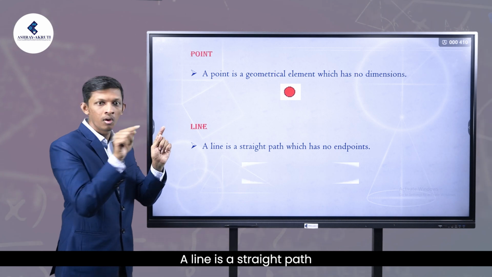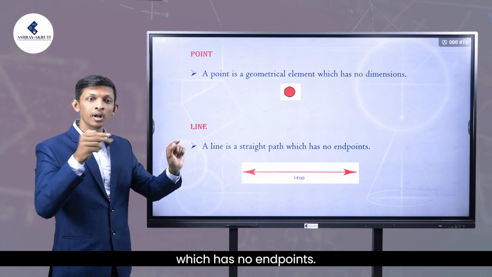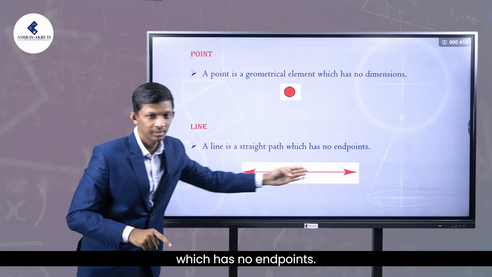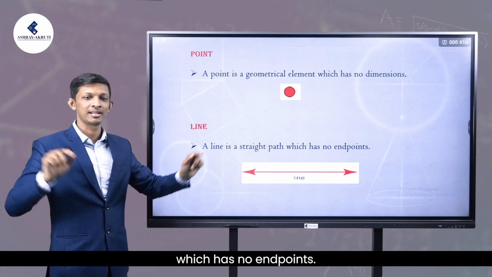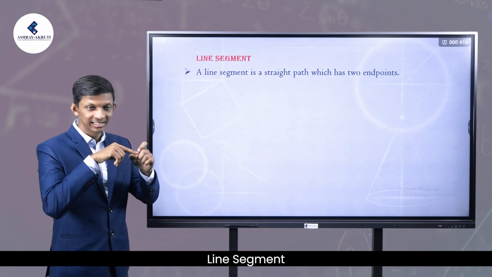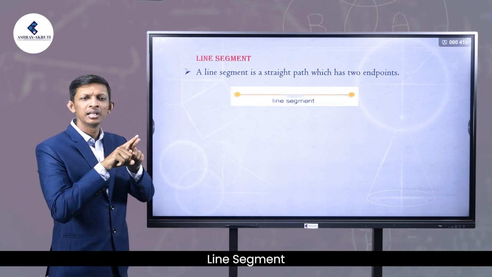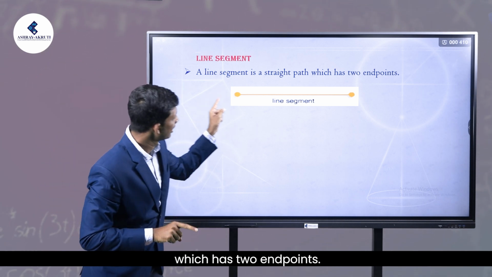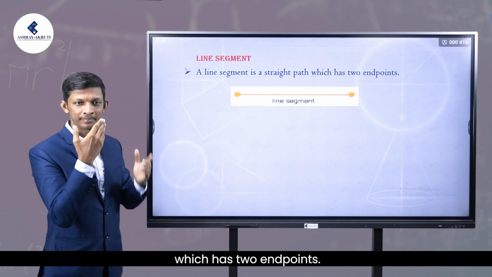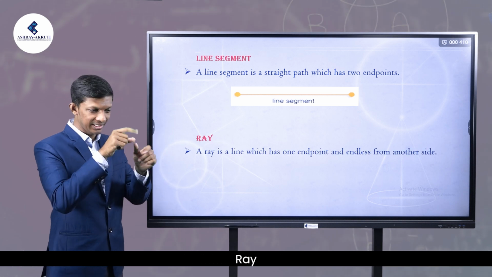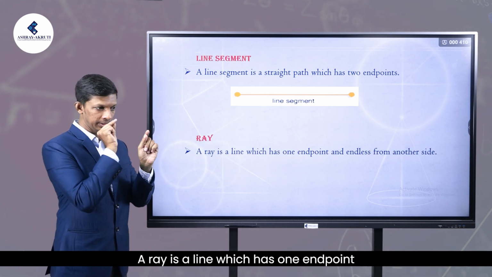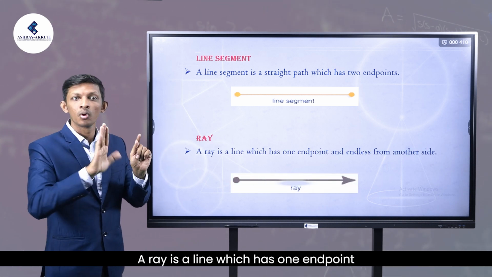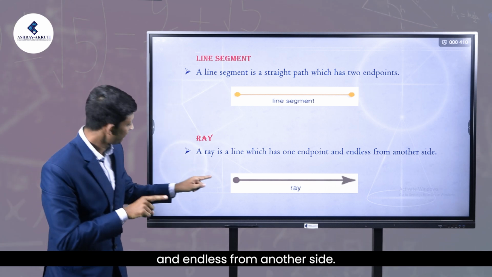A line is a straight path which has no endpoints. Line segment. A line segment is a straight path which has two endpoints. Ray. A ray is a line which has one endpoint and is endless on the other side.